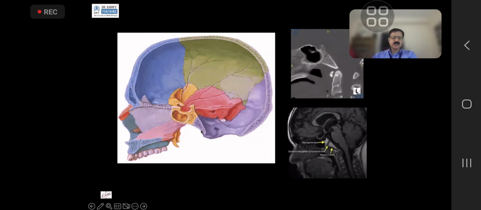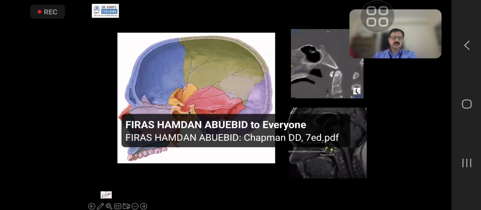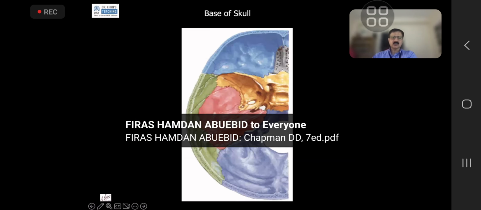So this is the bony anatomy. Posterior to the nasopharynx is the clivus. Portion of the clivus is made up of the occipital bone, portion of it is the sphenoid bone. Sphenoid bone also makes the sella. This is the posterior clinoid process, anterior clinoid process, floor of the sella, and the sphenoid sinus.